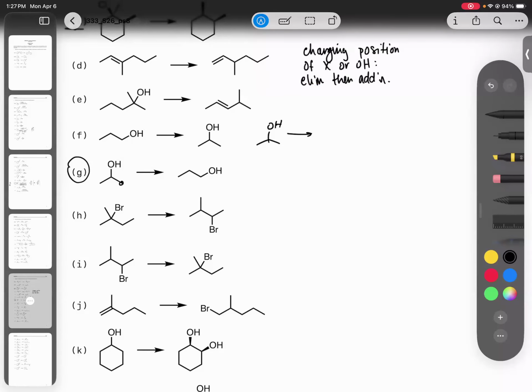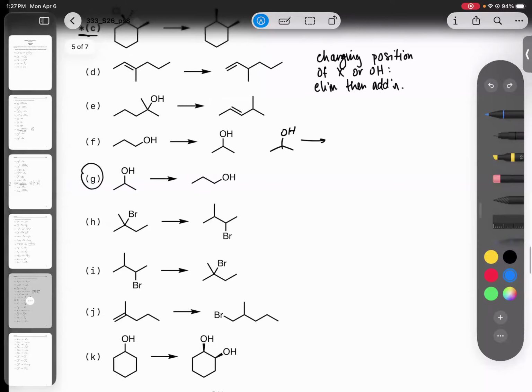Let me use color. Okay, so the OH starts on the blue carbon and ends on the green carbon. And so that means our alkene intermediate has the double bond in between those two.